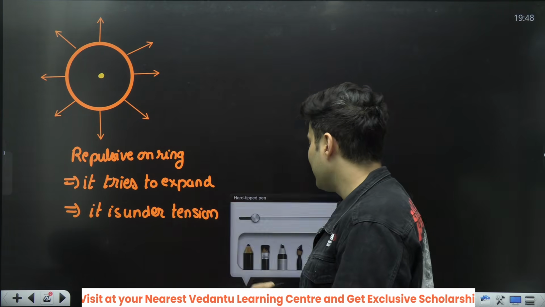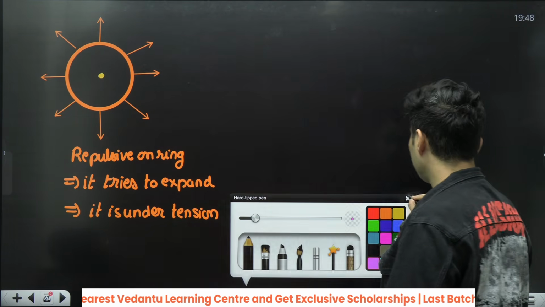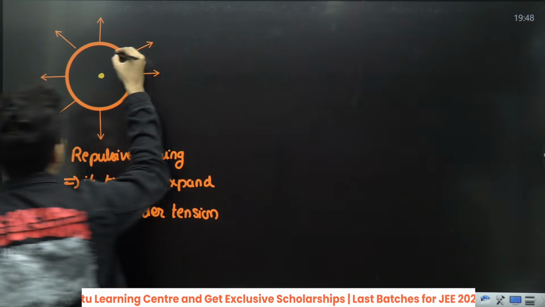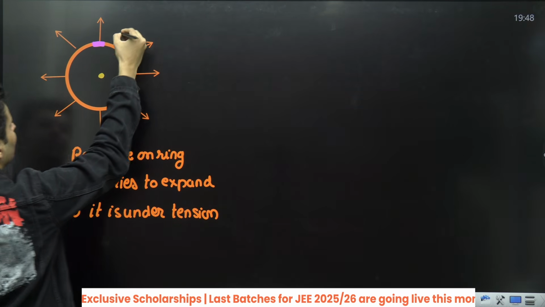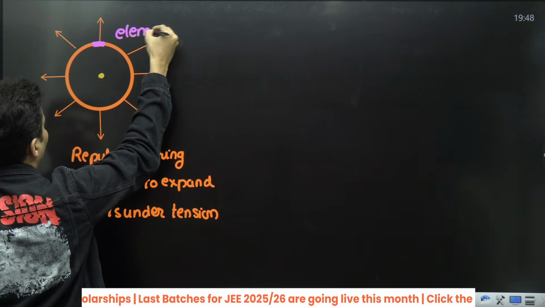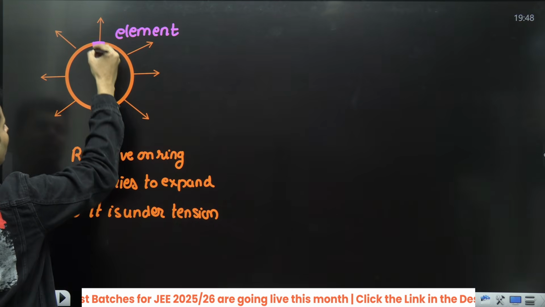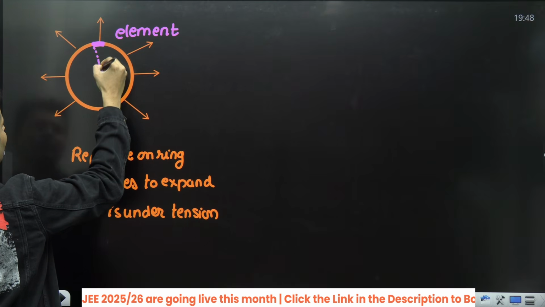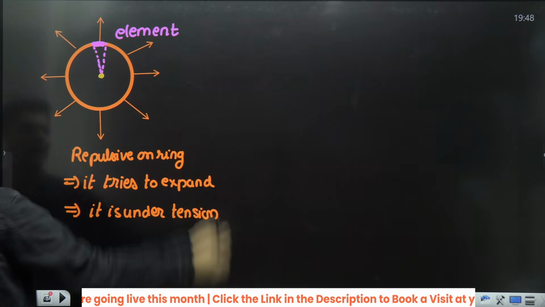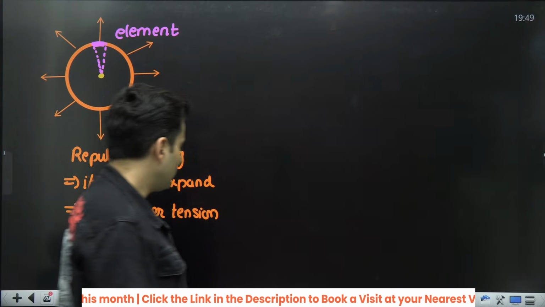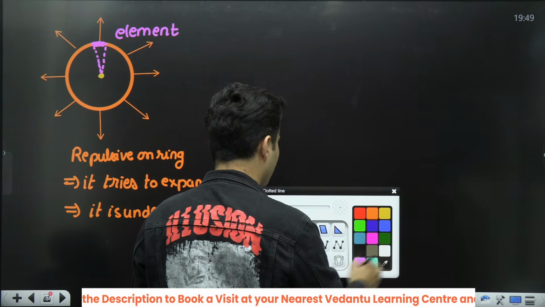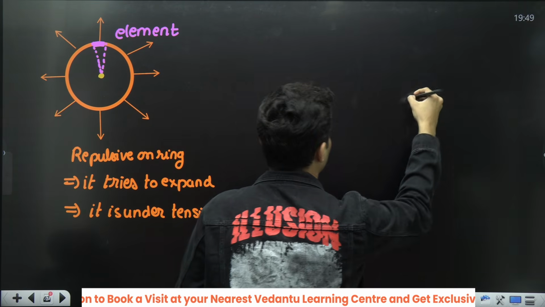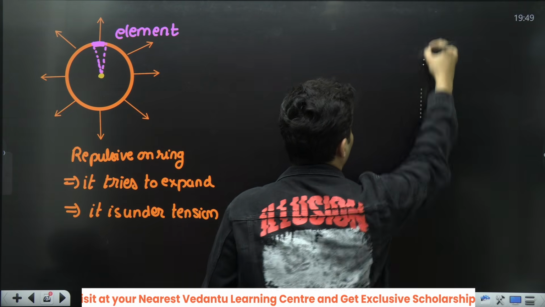Rather, I will consider a small element of the ring. Consider a small element of that ring. Okay, so this is an element and we'll try to draw the free body diagram of that element, which is going to subtend a very small angle at the center. So let's think about it. Okay, so let's say this is our vertical line.